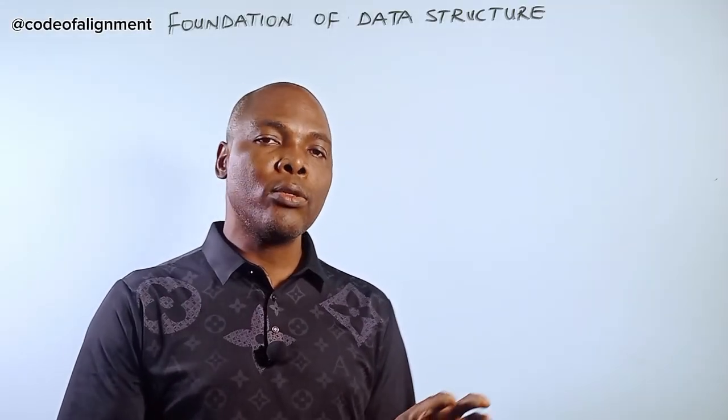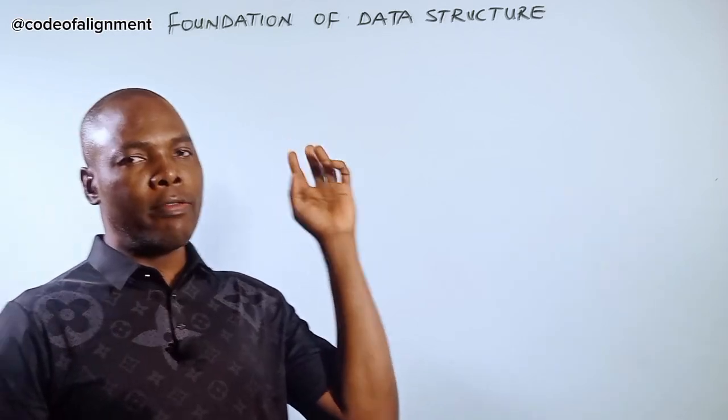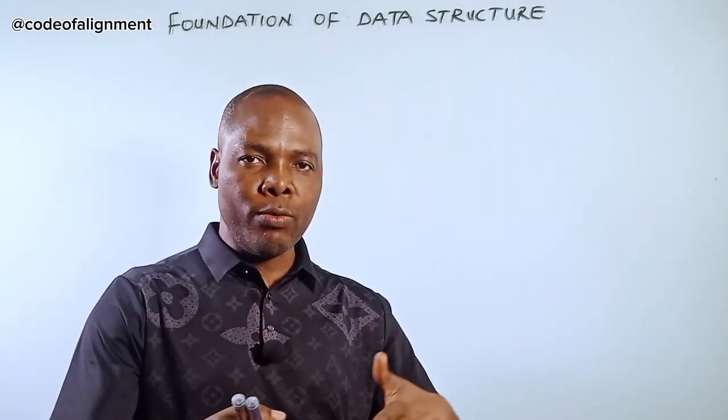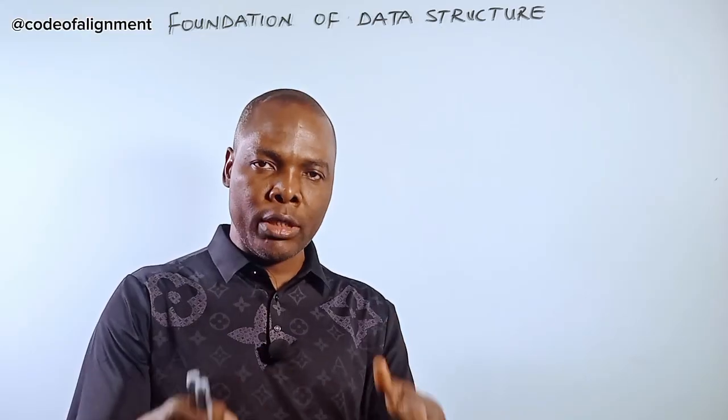So today's class we are going to look at the foundation of data structure, meaning we've come down to the memory layer. So we are looking at the operations, things that will happen inside the memory, and how data is stored in the memory.